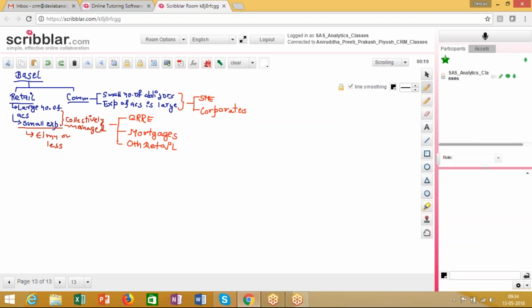For the commercial portfolios, we have a small number of obligors, and the exposure of the accounts is relatively large.